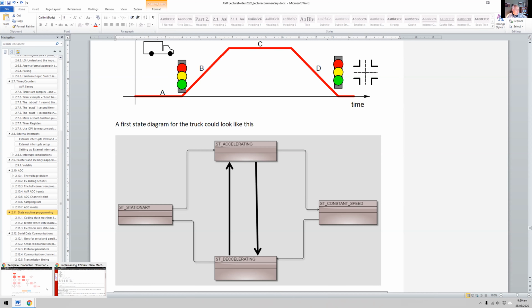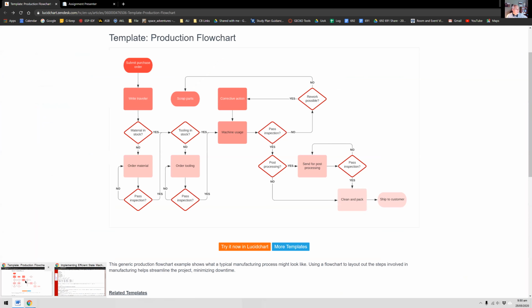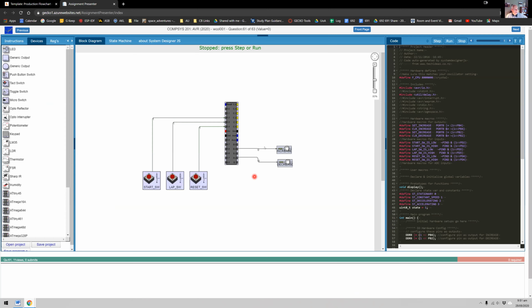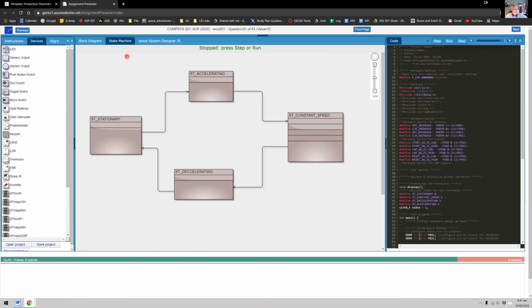So let's have a look at how easy it is to do. So I'm going back to this document, and I've got my assignment here, and what you've got is a block diagram. I don't know what this is. I'm just using the state machine at the moment. But what I've got here is my 4 states, okay?